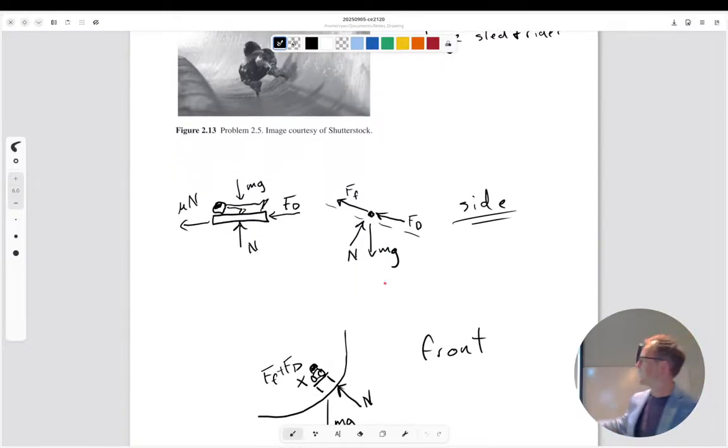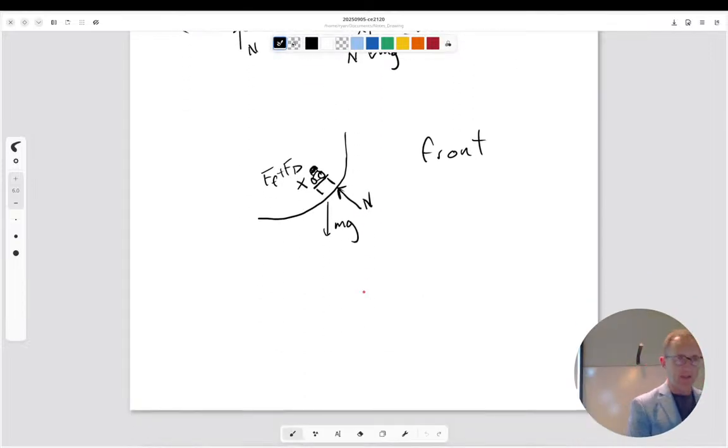One was flat: what are the forces acting when moving forward, backward, but no slope. Another was what's happening on the slope. And the last one was looking at the front view, like the luge person coming at us in the picture, but up on the sidewall. So there's some kind of constraint, normal force there.